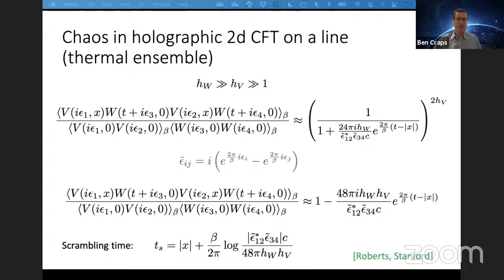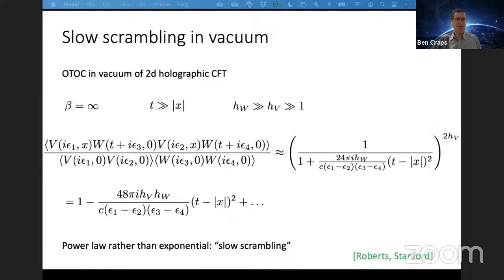Okay, so this was for a CFT at finite temperature. Now, since I will be talking about extremal black holes later, I will also mention some results in vacuum, which of course is zero temperature. So for that, you want to take the inverse temperature to infinity.